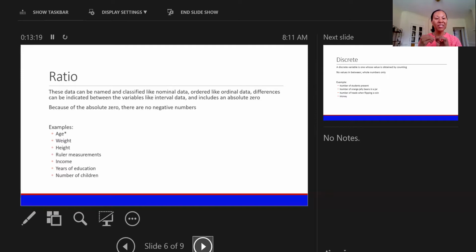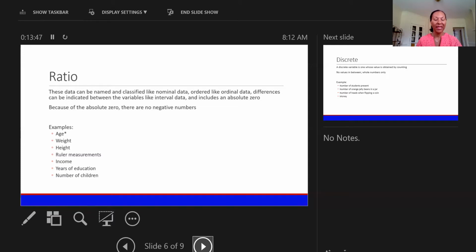We can measure the specific differences like we did with interval data, but ratio data differs from interval data because we have an absolute zero. Remember, with interval data, there was no absolute zero, so we could have the negative temperatures. With ratio data, we don't have negative numbers, right? So there is an absolute zero.